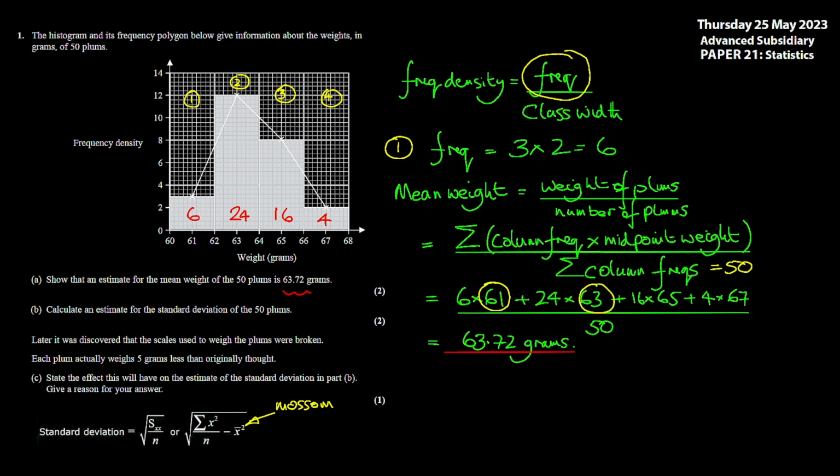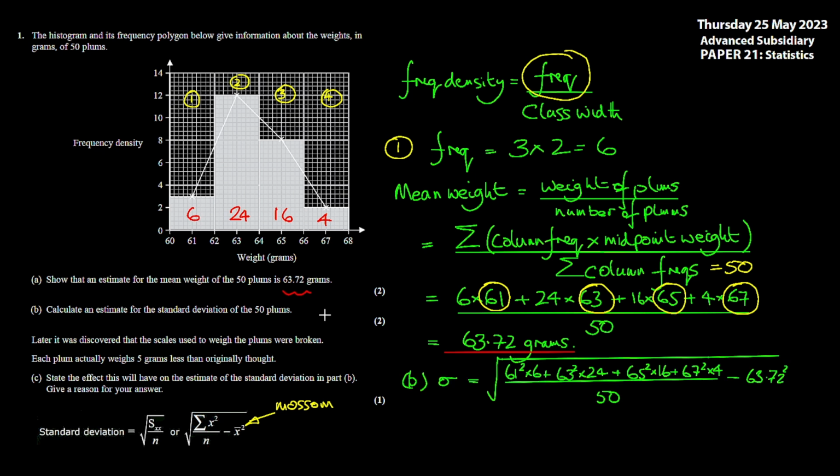Again, 63 squared multiplied by the 24, 65 squared multiplied by the 16, 67 squared multiplied by the 4. So our sum becomes this. And if you pop that into a calculator, you get the answer of 1.587. And that's the answer to part B.